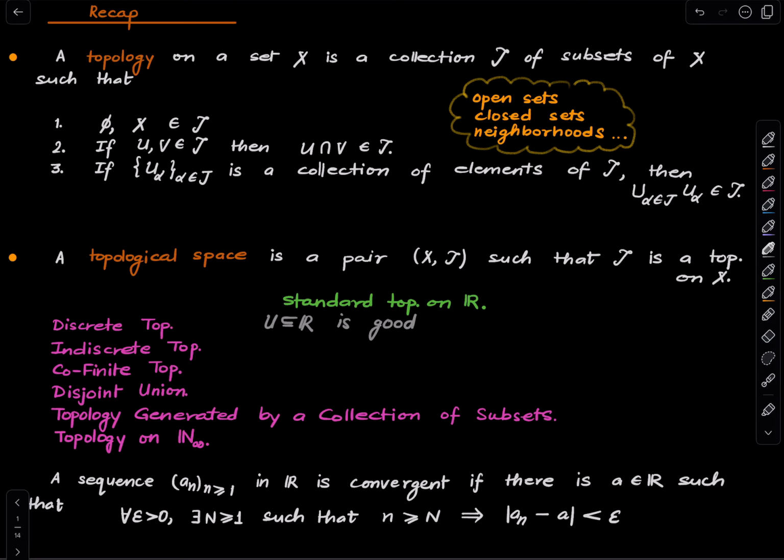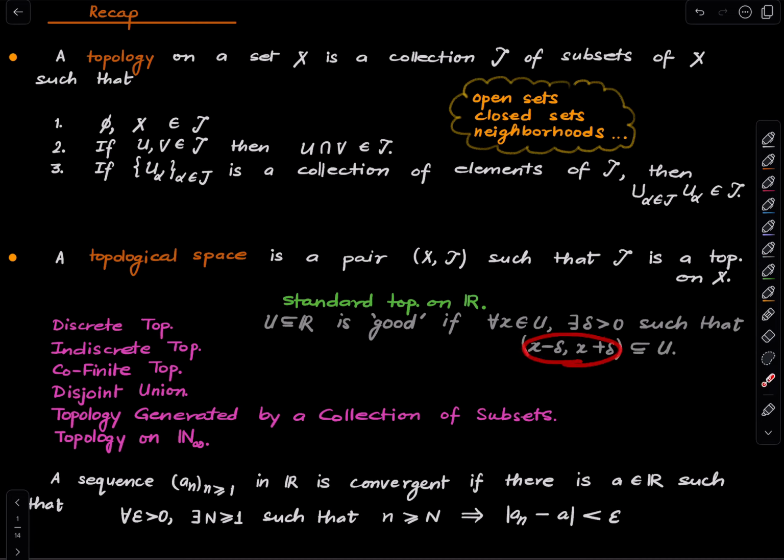But put differently, we say U is good if for all x in U, there is some positive delta such that the interval of length 2 delta centered at x is contained in U.